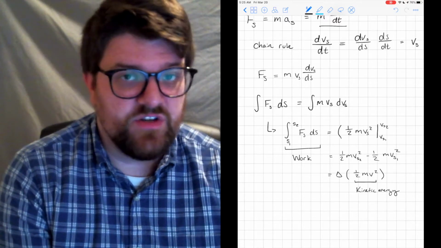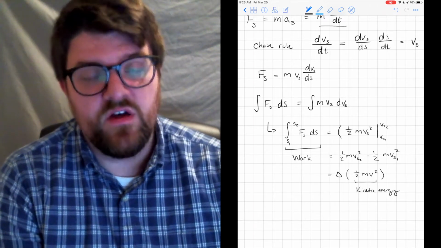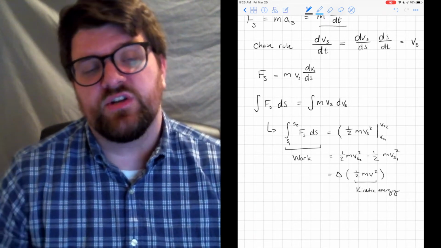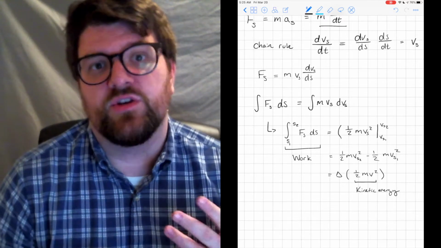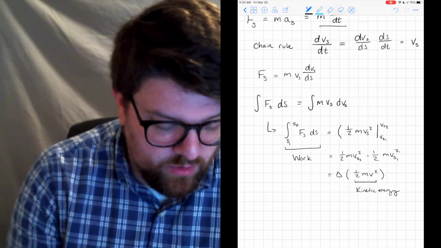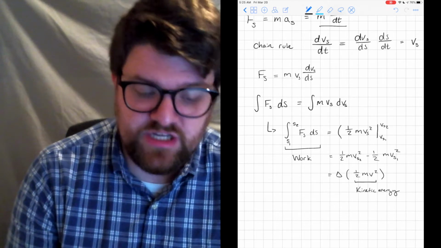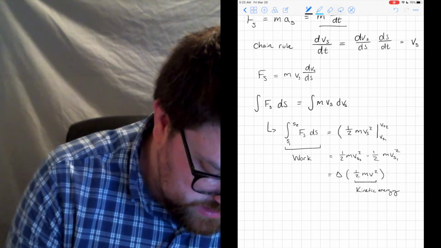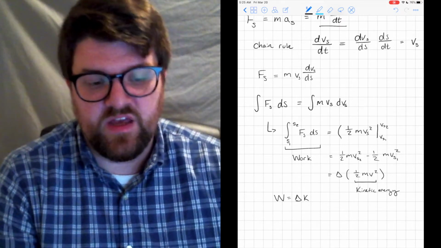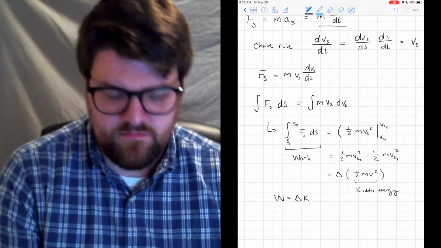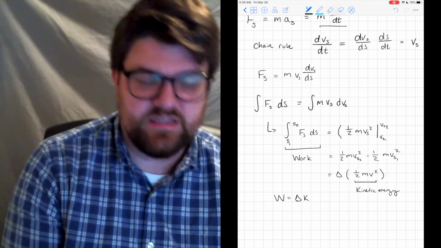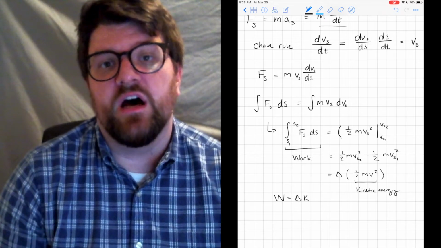Notice that there's no direction associated with it, even though we have velocity in it, because we're squaring the velocity, we actually get rid of any of that directional information. And so our work is equal to the change in kinetic energy. Maybe that's another way of writing this. And this is sometimes called the work-kinetic energy theorem, that any change in work from the external forces is equal to the change in kinetic energy of a system.